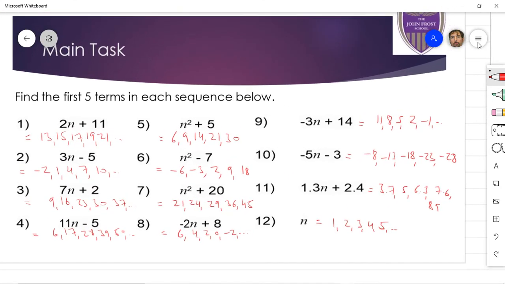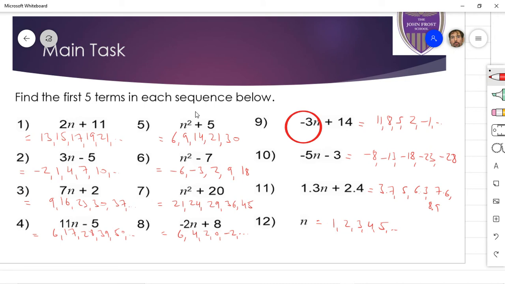I've done them all in red, so make sure you mark all the ones you've done. You should notice that the ones with the negative numbers in front of n, the sequence actually gets smaller. It actually goes down.